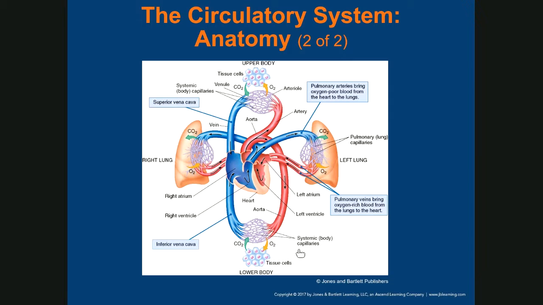Now, because it is the chamber that does the most work, it is the chamber that is prone to complications. For instance, an MI. So MIs would be common in the left ventricle, right?